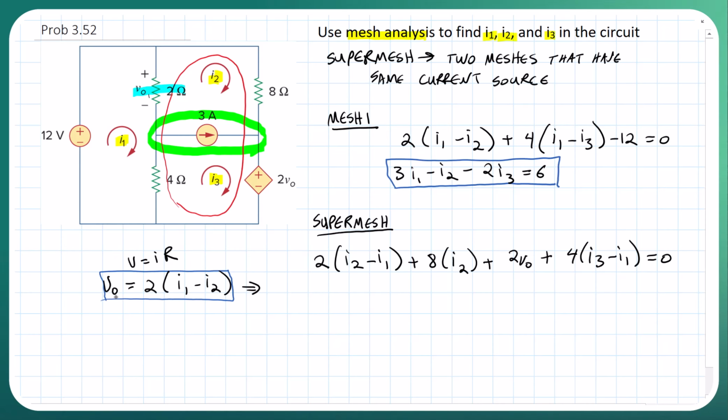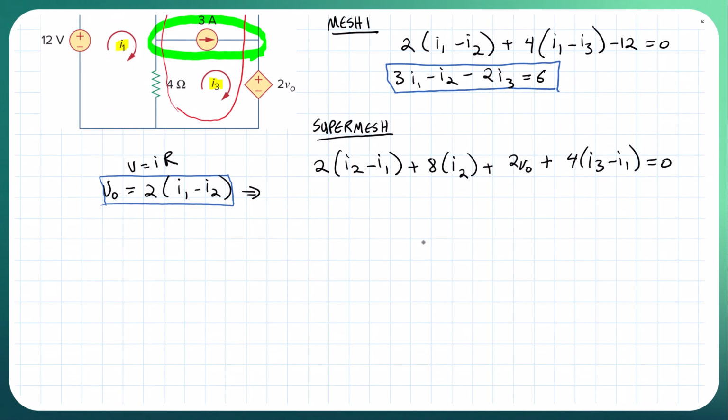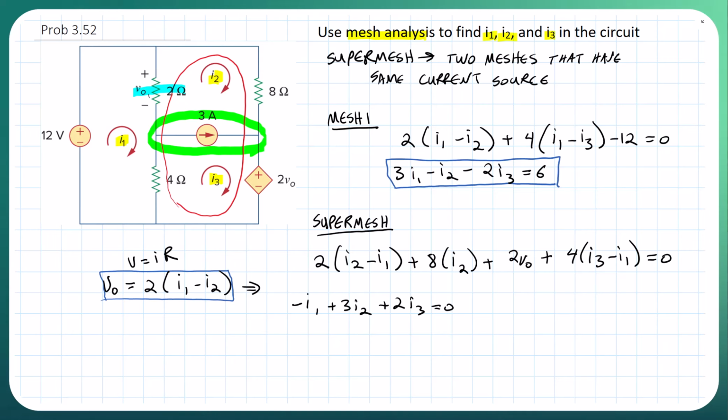Okay, and then we can plug this back into the supermesh equation and then simplify, and what we'll get is minus I1 plus I2 plus 2I3 equals 0. Okay, so again, let's repeat this.